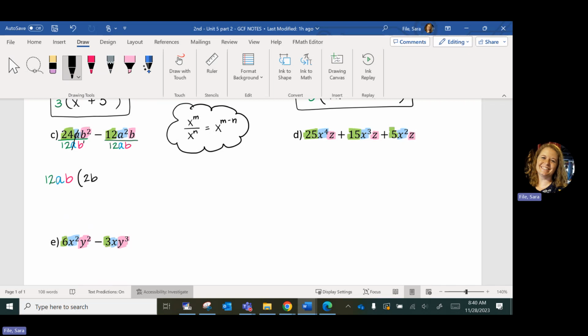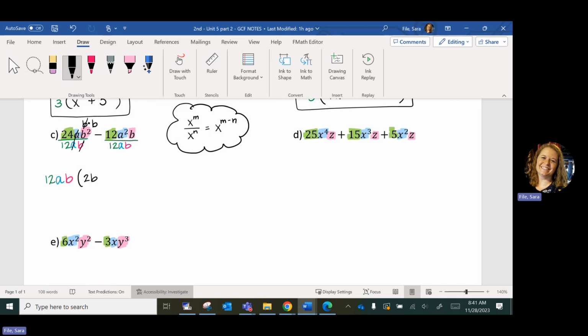So b squared is technically b times b, isn't it? That's what b squared means. So one of those b's reduces with this b on the bottom, and I'm left with just b, right? So you can do that if that's easier for you.